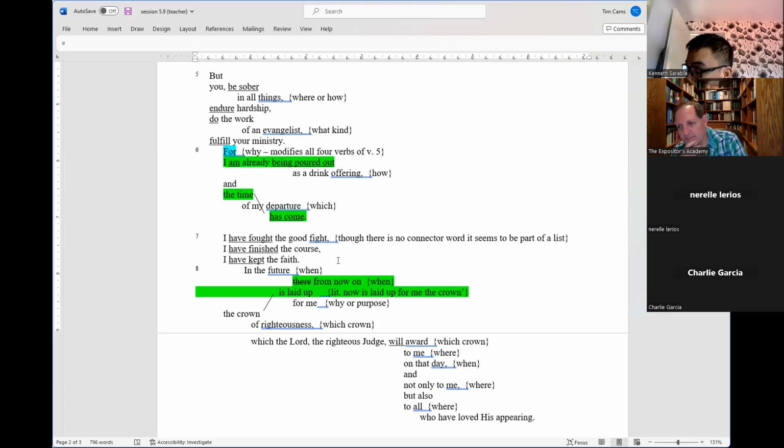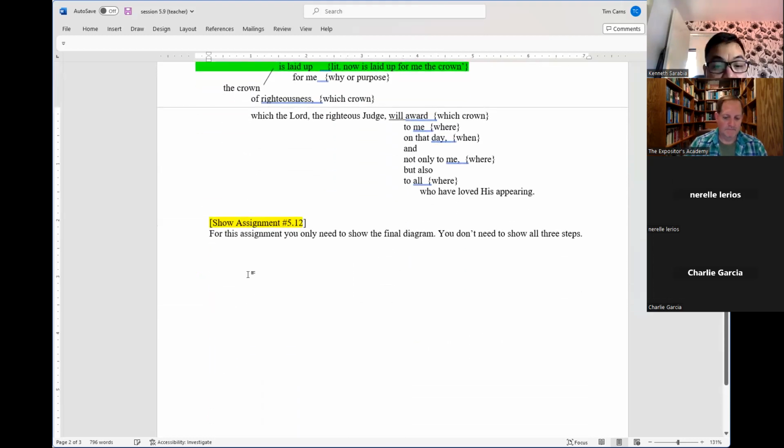I would break it up that way. So something like this. This is Paul's final commands. This would be an exegetical outline.